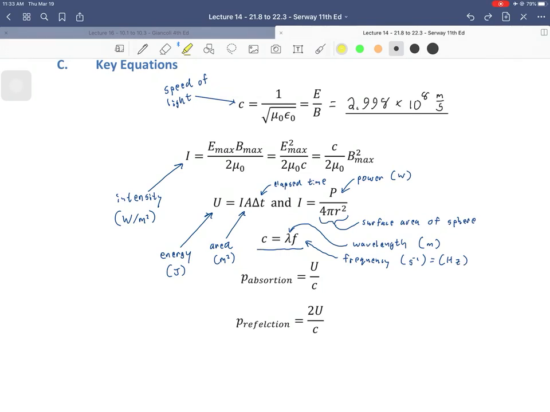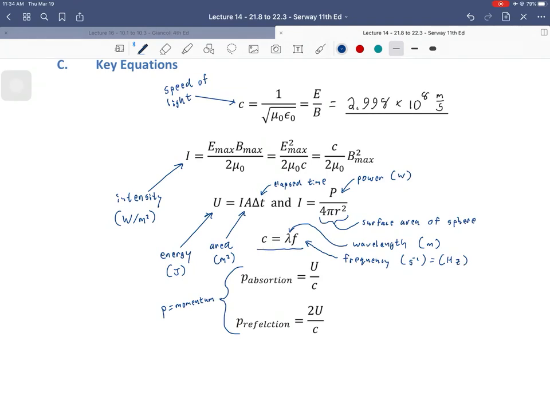Okay, so last two formulas here. Both of these are our momentum formulas. P is momentum, as it was back in the mechanics chapters where we introduced it. The difference here is we're talking about the momentum imparted on an object by light.